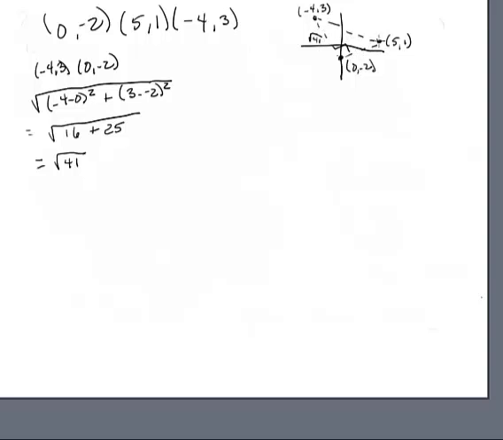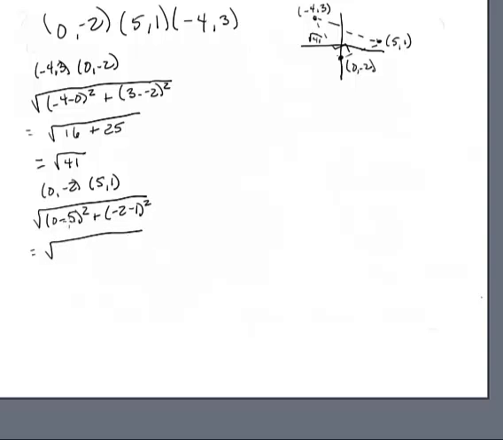Okay, so next I want to find this distance between (0, -2) and (5, 1). So again, subtract the x's and square them, and subtract the y's and square it.